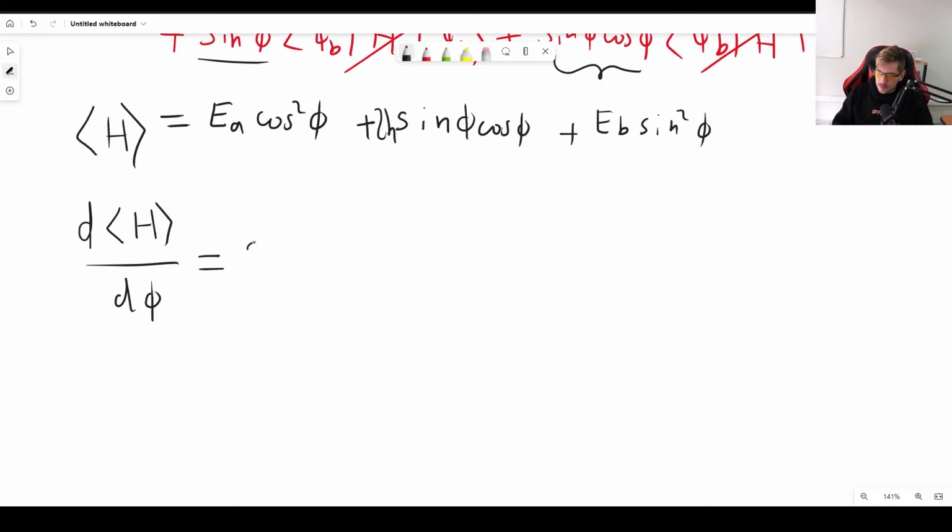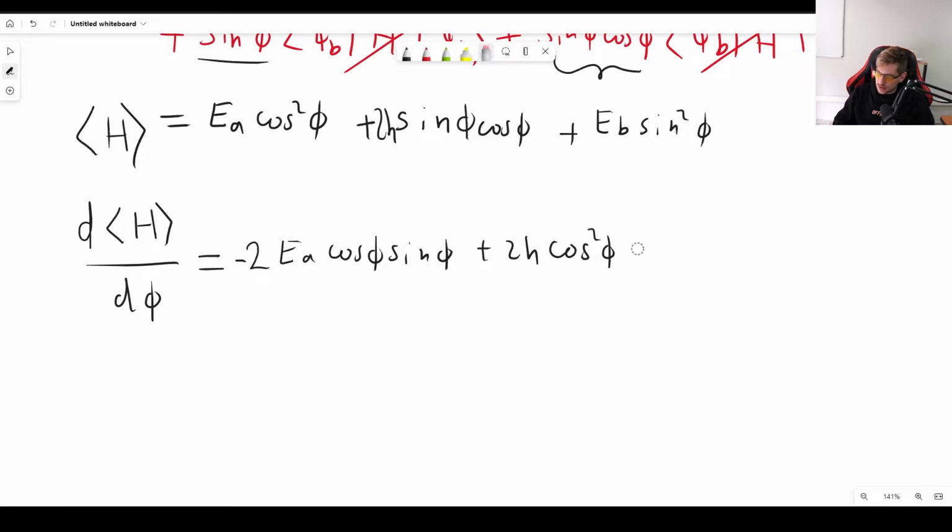So we get from the first one 2EA cosine phi, and now because of the chain rule, times the derivative of cosine, which is minus sine. And then we have this term where we get plus 2h times sine of phi, its derivative, which is cosine, times cosine. So we get cosine squared of phi. And then we get plus, and now sine times the derivative of cosine, which is minus sine.